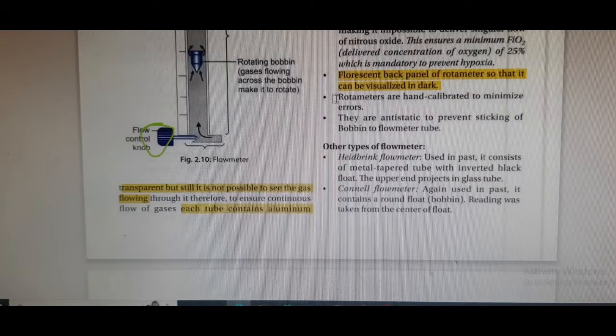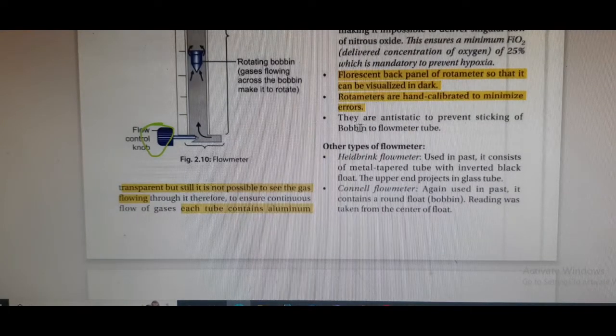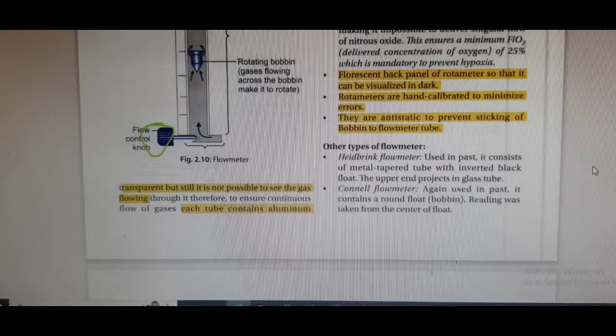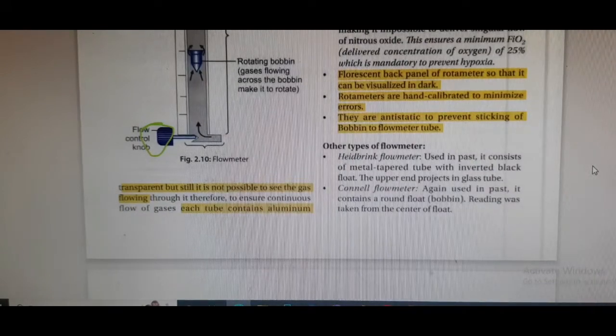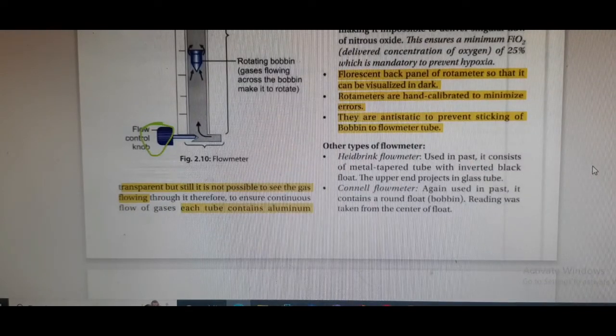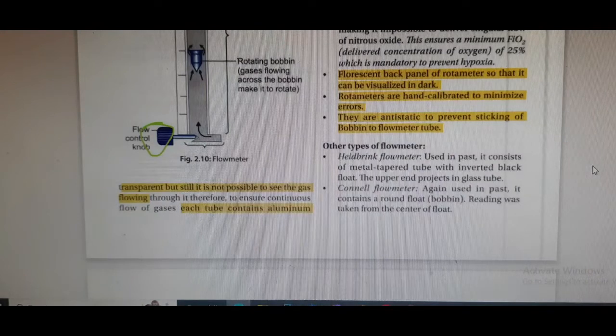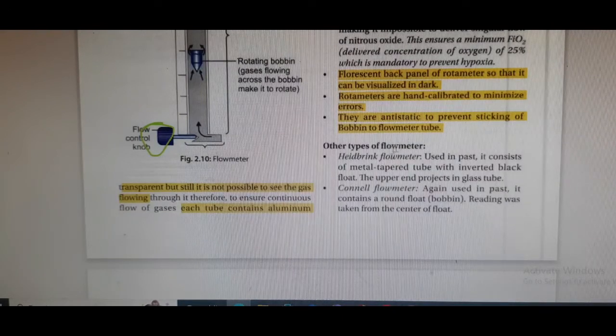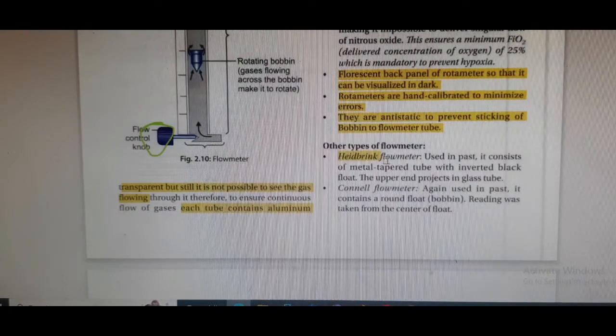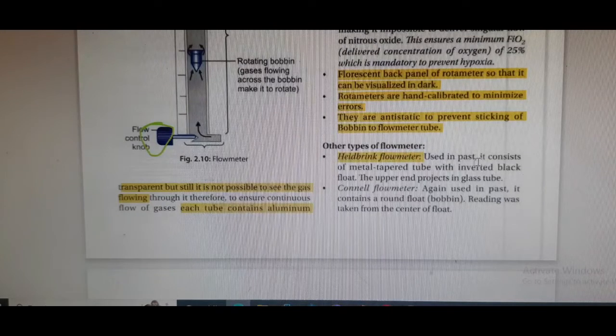Rotameters are hand calibrated to minimize errors. They are anti-static to prevent sticking of the bobbin to the flow meters. So the Thorpe tube that we observed is usually anti-static, that is, it does not cause any static function.